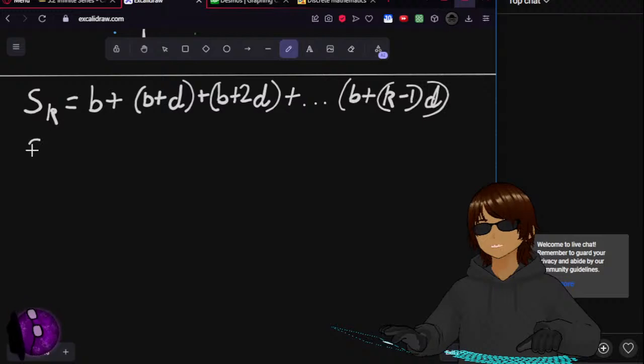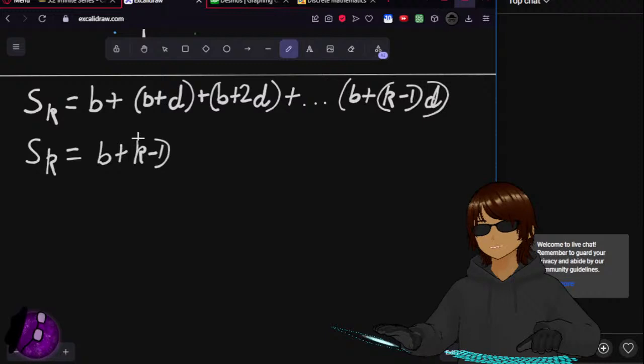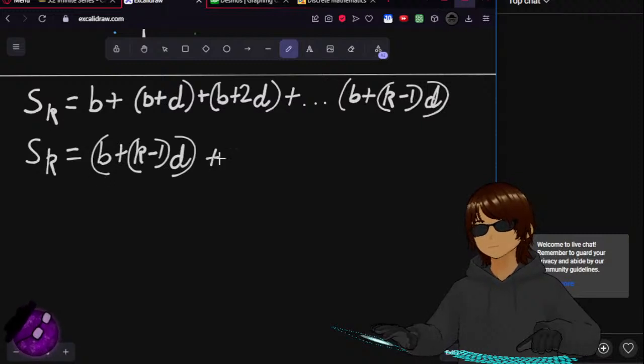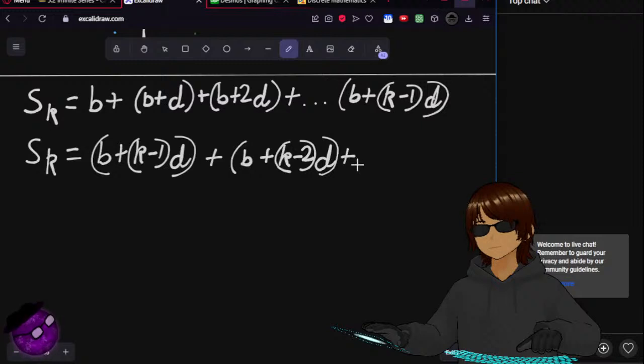If I write this in reverse, I get b plus k minus 1 d, and so on, down to b.